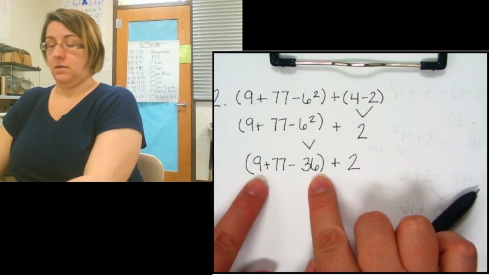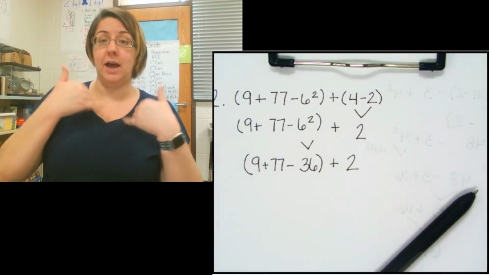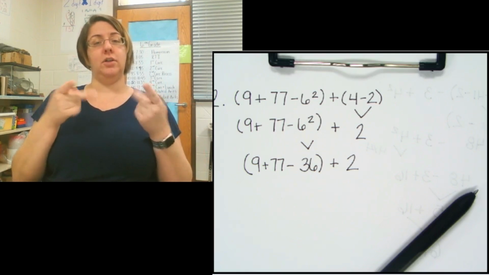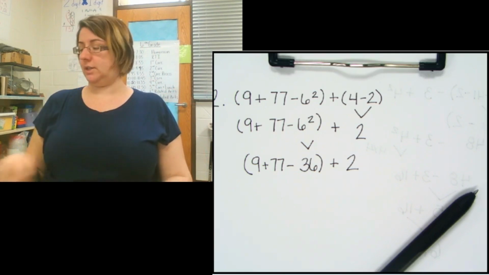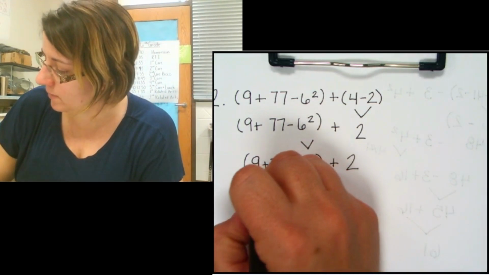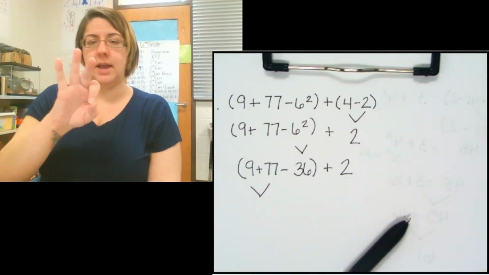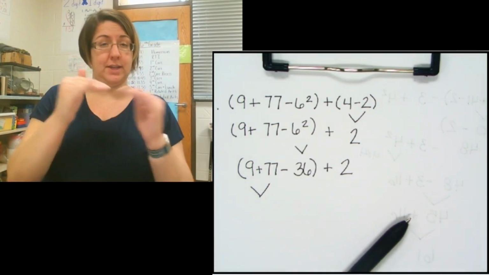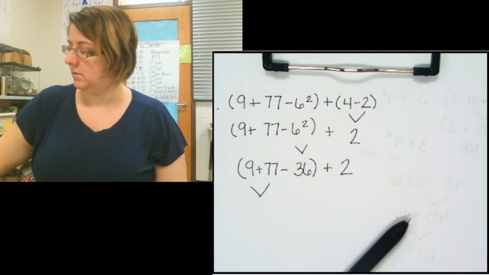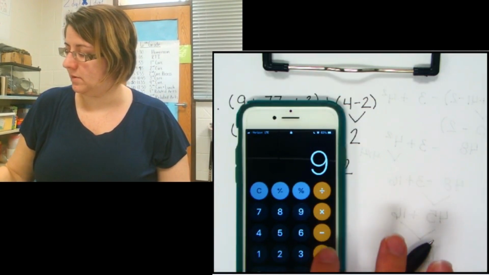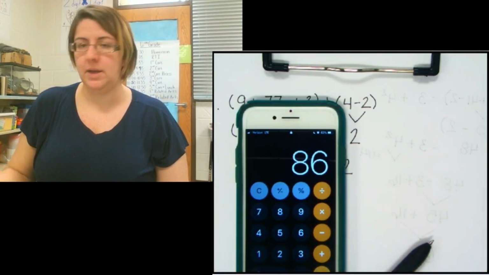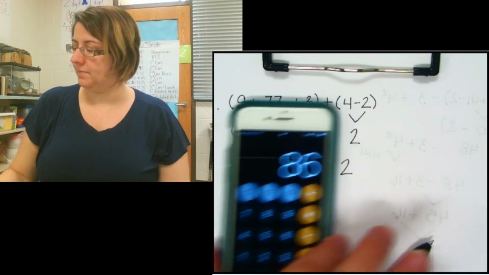Okay, so we still have parentheses, so let's finish that first. 9 plus 77 is what? 86.